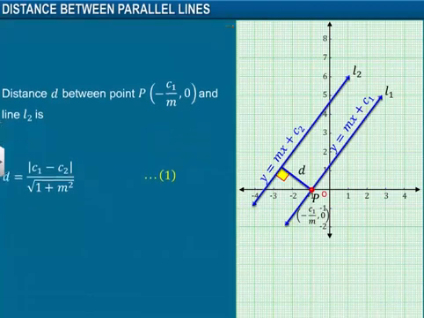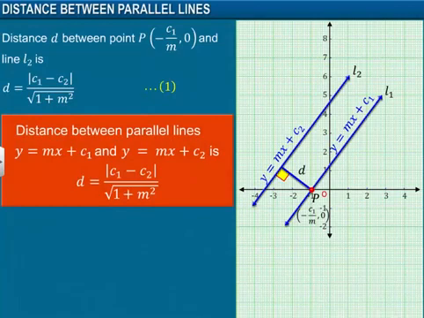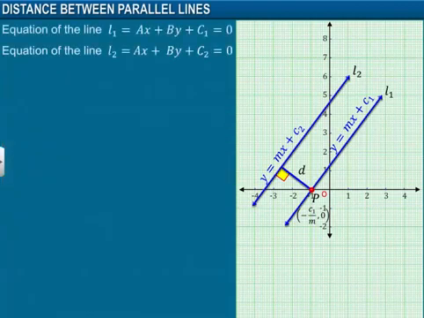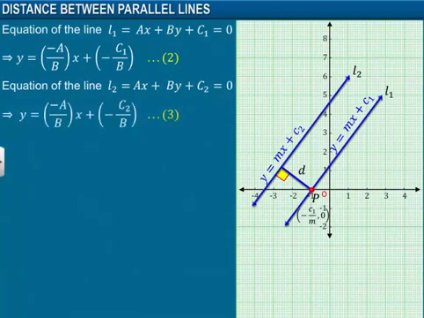Equation 1 gives the distance between two parallel lines L1 and L2, whose equations are given in the slope-intercept form. Suppose the equations of the parallel lines L1 and L2 are given in the general form as shown. Rearranging the given general equations in slope-intercept form, we get equations 2 and 3 representing lines L1 and L2 as shown.